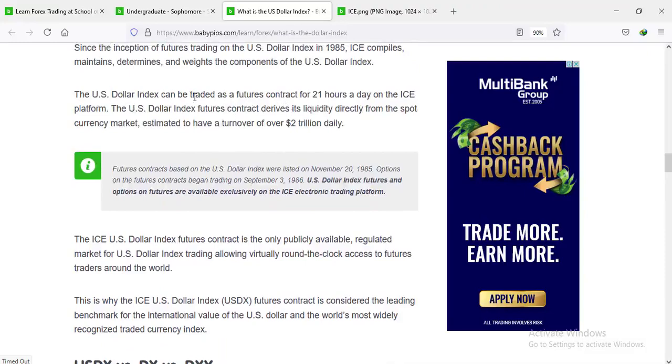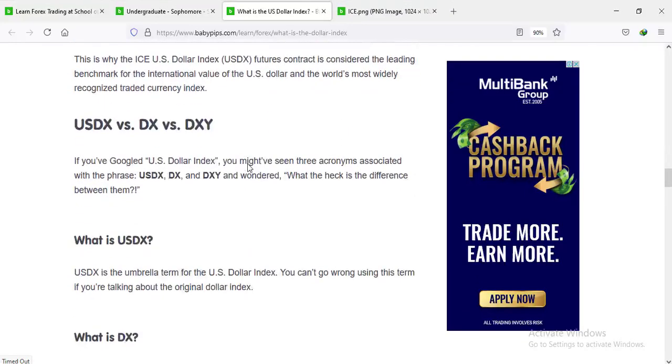The US dollar index can be traded as futures contracts for 21 hours a day on the ICE platform, and the contracts derive their liquidity from the spot currency market, estimated to have a turnover of over 2 trillion daily. Let's leave all that.